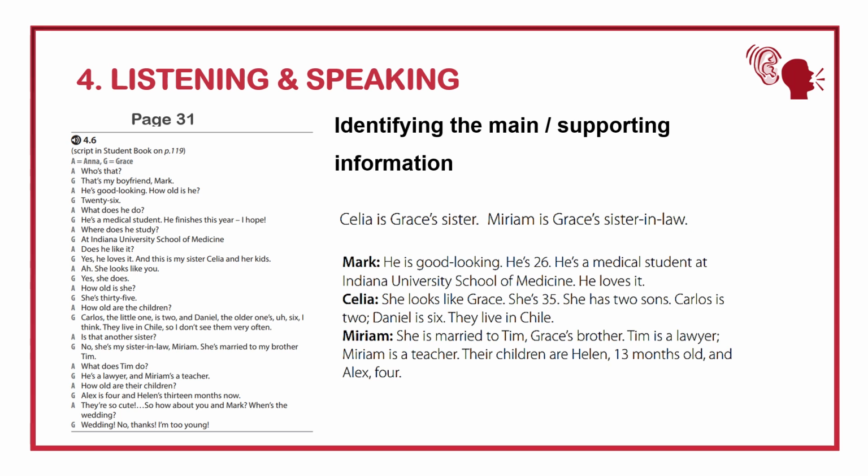I'm too young. So wedding is a ceremony when 2 people get married, a man and a woman, like a couple, for example, get married. And I'm too young means I'm too young to get married. It means I'm not old enough yet to get married.